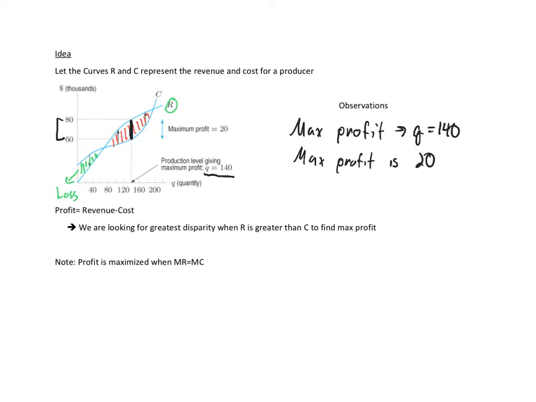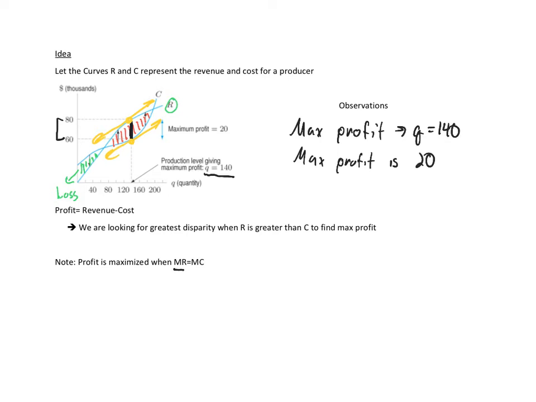One other important observation that I want you to notice is look at the slope of each of those curves at that point. They look very similar, and in fact, they are actually the same. Remember, the slope of the revenue curve is marginal revenue.